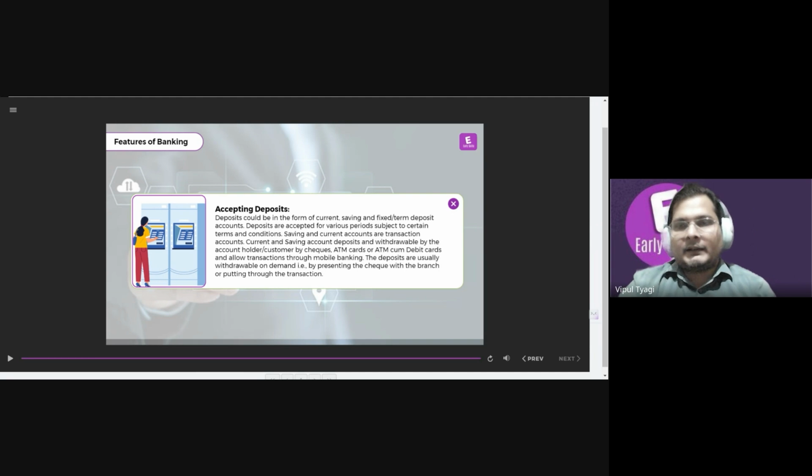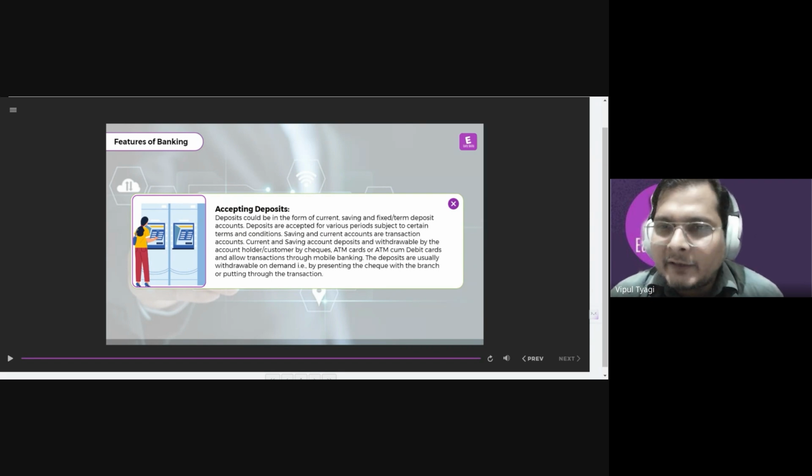But what if you think, I want to earn a little bit more interest? What should I do? I would suggest you go and do an FD, fixed deposit, in the bank, in which you will get a little more interest, more returns and profits.